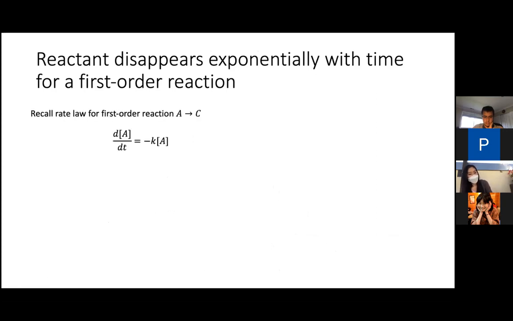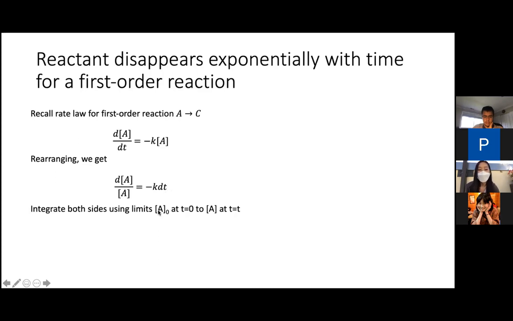If we do the same thing for the rate law of the first order reaction and rearrange it, we get dA over A equals negative k dt. Then if we integrate that, we get this equation.